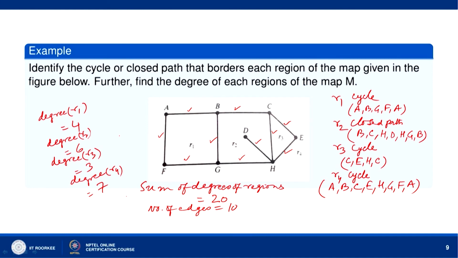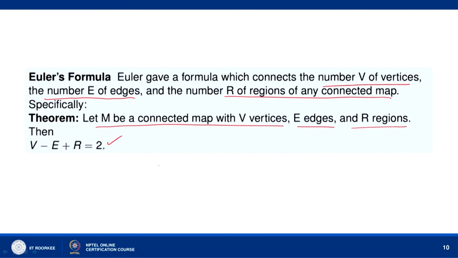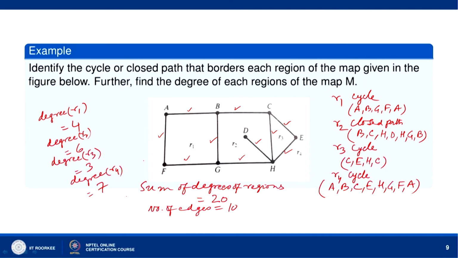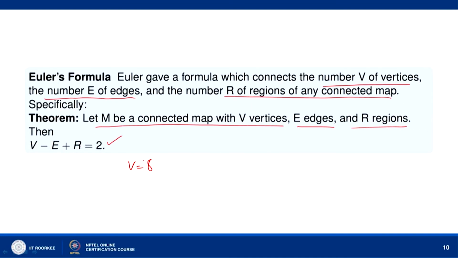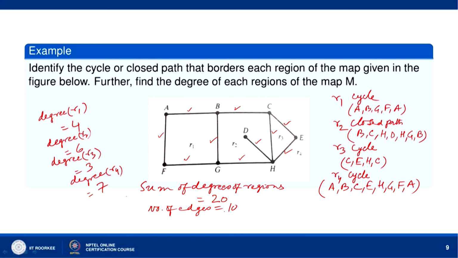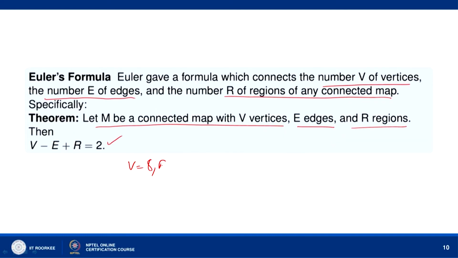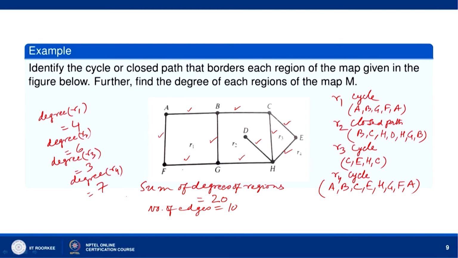So, V is the number of vertices. How many vertices are there? 1, 2, 3, 4, 5, 6, 7, 8. 8 vertices are there. So, V equals 8. And E is the number of edges. The number of edges is 10. So, E equals 10. And R is the number of regions.